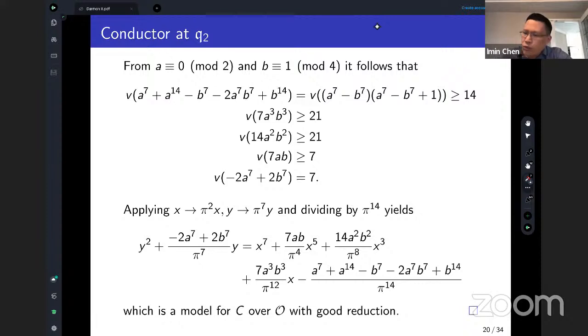Because they're large, we can make this transformation, where pi is a uniformizer of the extension of ramification index 7, to get an integral model, which happens to have good reduction. So it is kind of like a Tate's algorithm. We don't have a general one for hyperelliptic curves, but we can carry it out in this case.